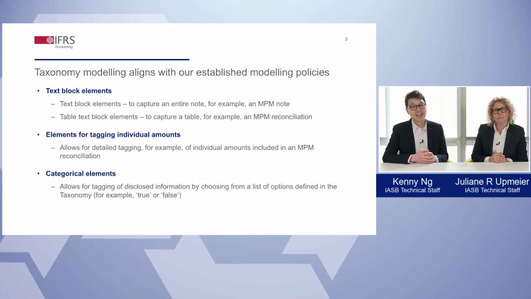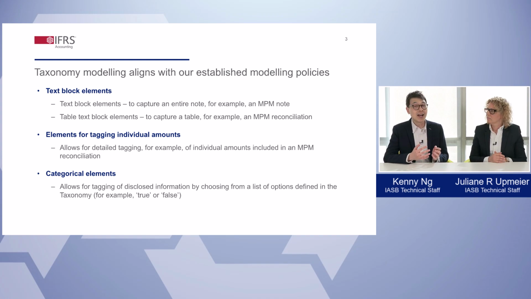The taxonomy modeling for these new disclosure requirements aligns with our established modeling policy. Firstly, text block elements were added to the taxonomy so that preparers can capture, for example, an entire MPM note that includes both narrative and numerical information.